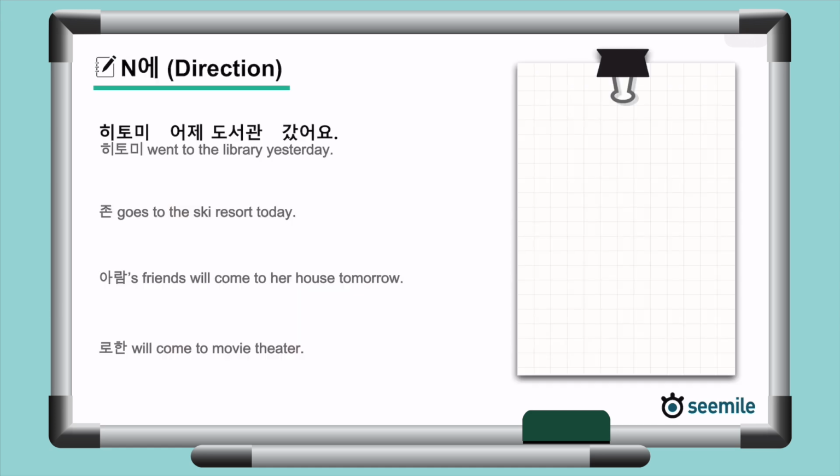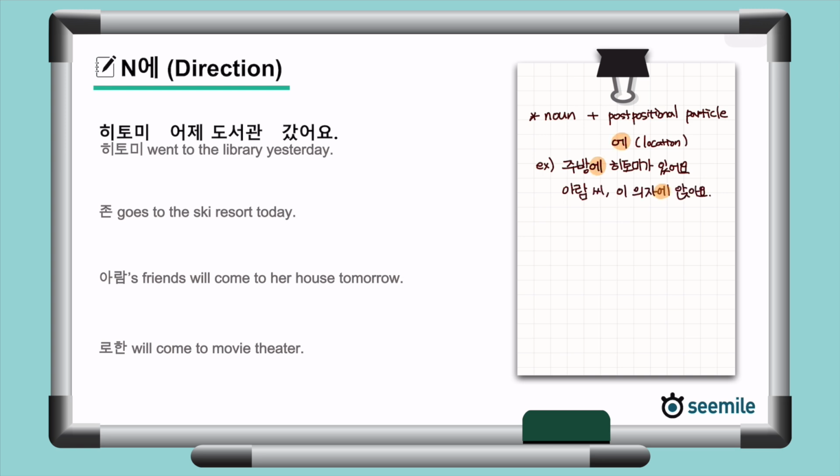Good job! As you already know, a postpositional particle can be placed right after the noun to help define the preceding word's meaning. For instance, we learned that the particle 에 indicates that the preceding noun indicates the location of an object or a person referred to in the following word, such as in 주방에 히토미가 있어요 or 아람 씨 이 의자에 앉아요.